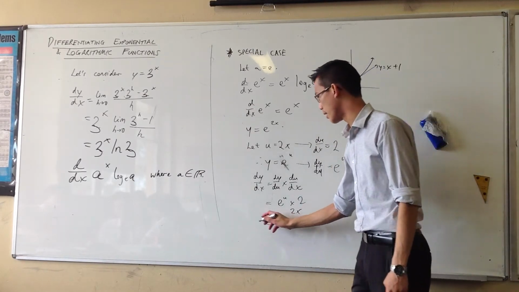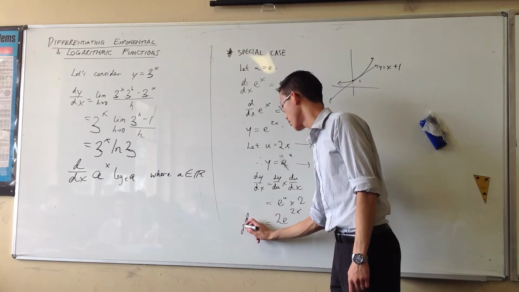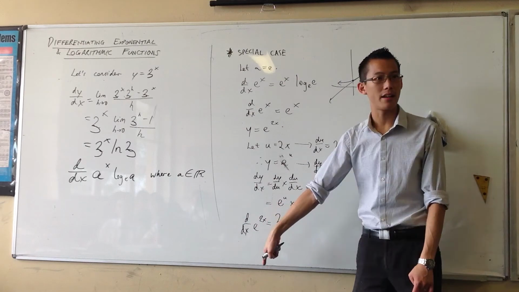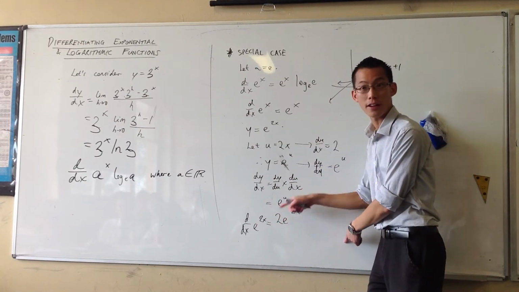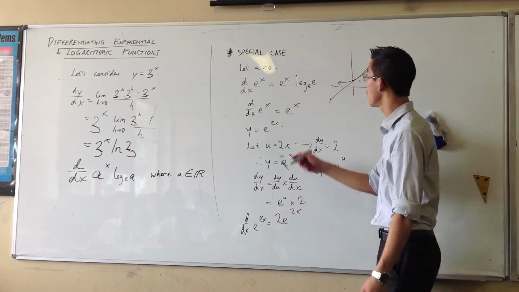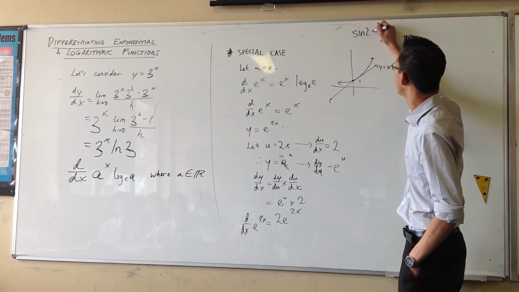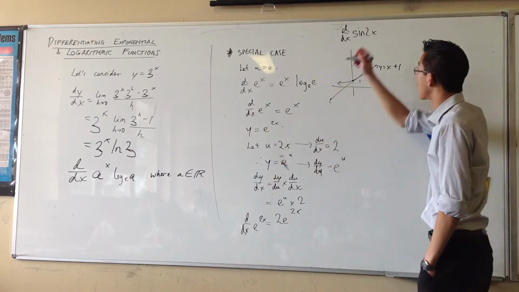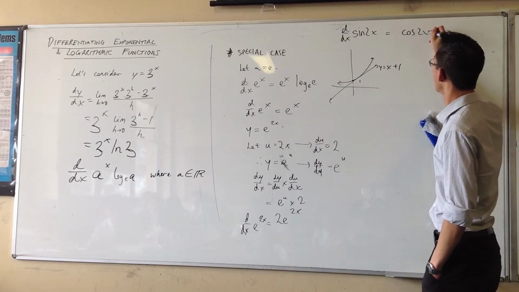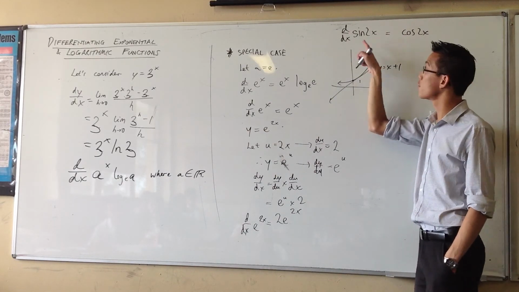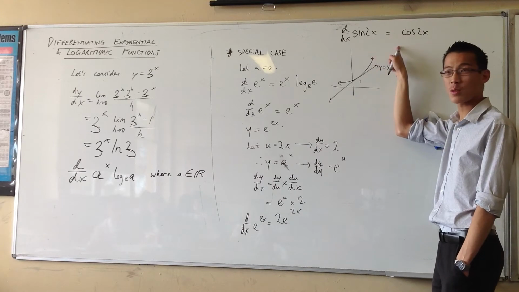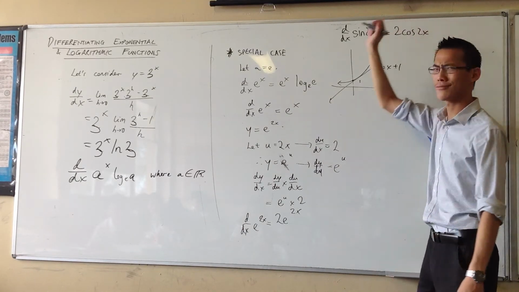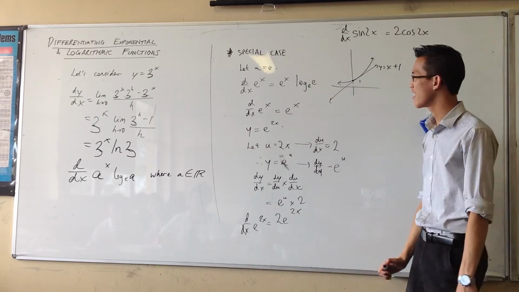So what you've got here, the derivative of e to the 2x, this 2 came down up front because it's the inside function. Just like if you differentiated sine 2x, it's not just equal to cos 2x. Sine doesn't just turn into cos here. You've got an inside function. So this is really equal to 2 cos 2x.